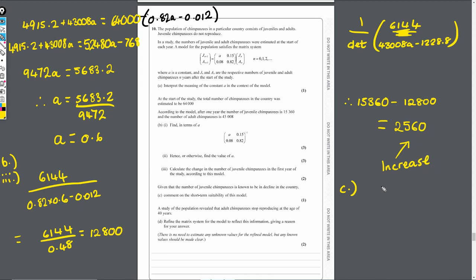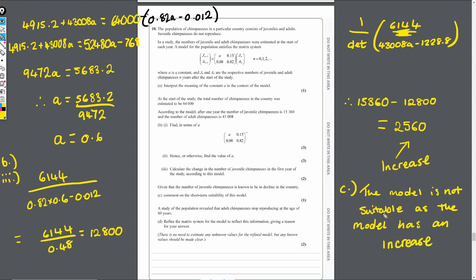So what we can say is that the model is not suitable as the model has an increase. Okay, so that's part C. So it's just a brief 1 mark comment, and because ours is increasing, whereas it's known to be decreasing, they're in decline, then we can say it's not suitable for the short term.